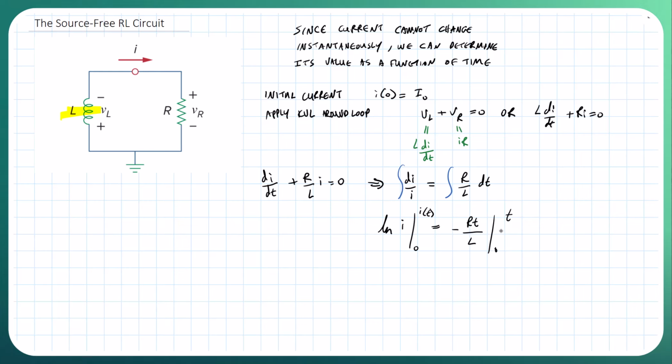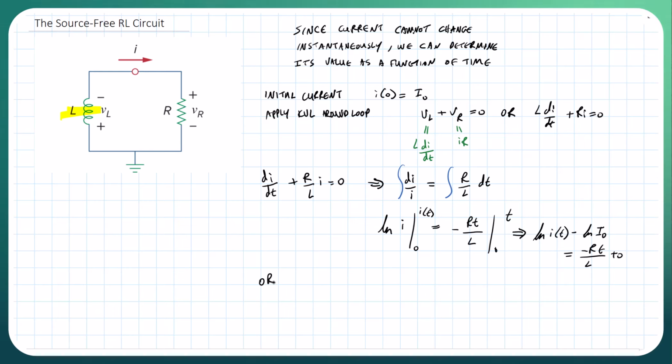We can further simplify this as we take the exponential. So we take the natural log of i of t minus the natural log of I naught, which equals minus R times t over L plus 0.